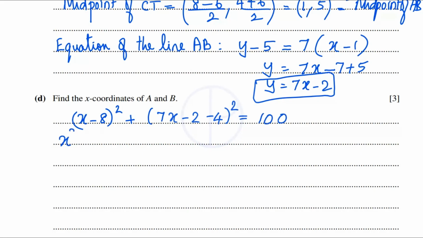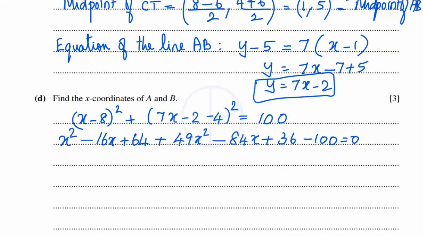Now expand the brackets. x squared minus 16x plus 64 plus 49x squared minus 2 times 7 times 2, which is 28x, plus 4 minus 100 equal to 0.